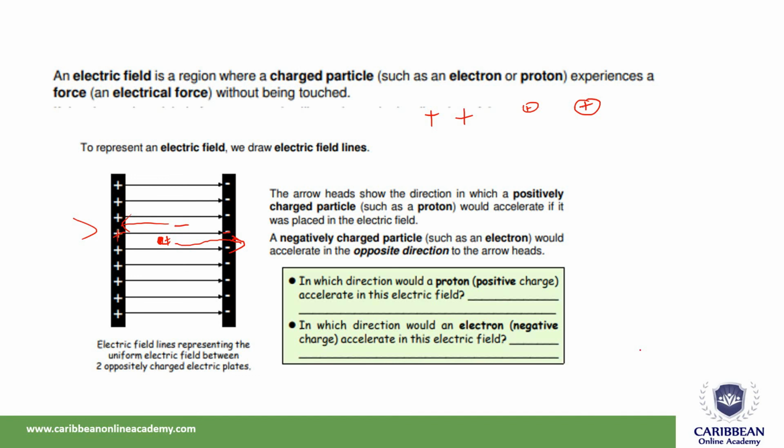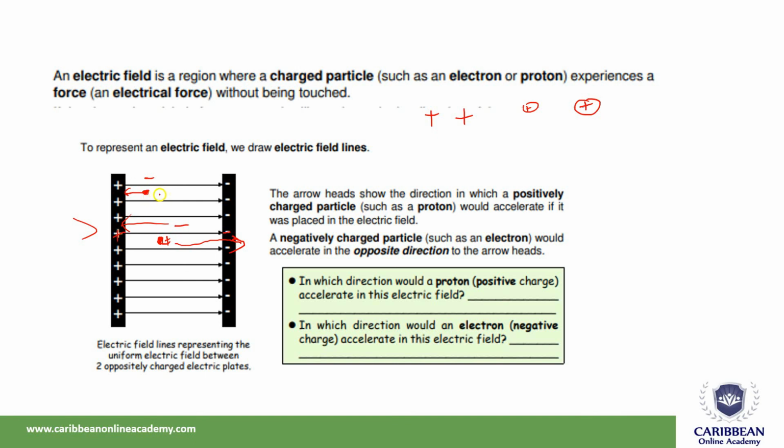Now, there are certain things to understand about this scenario, guys. If we had some type of charge which is going to be negative, if I have a negative charge right here, that negative charge would be accelerating towards the positive plate because negative attracts to positive.